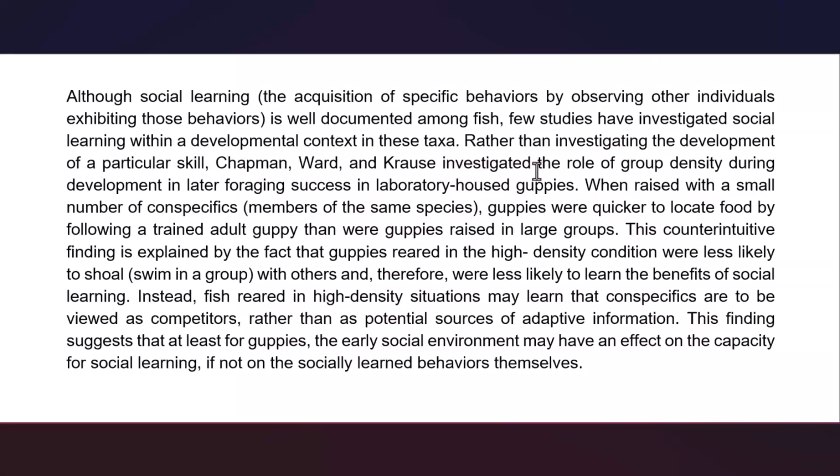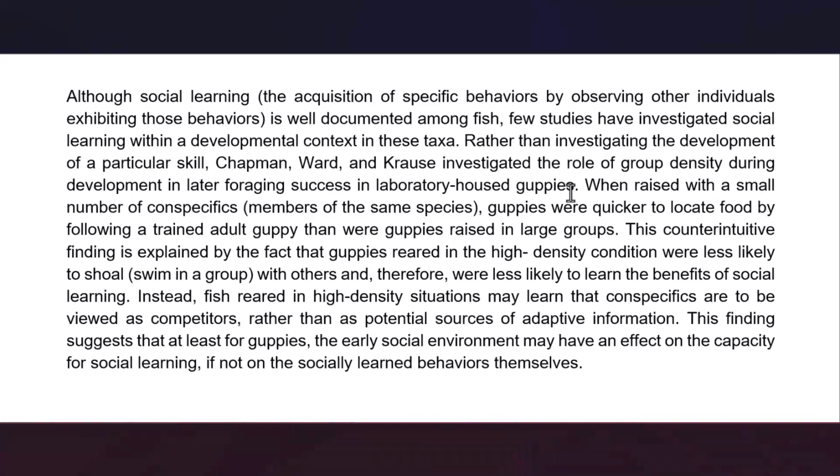Chapman, Ward, and Krause investigated the role of group density during development and later foraging success in laboratory-housed guppies. So this sentence actually solidifies our initial perception about the purpose of the passage. This is a specific study in which researchers, rather than investigating the development of a particular skill, investigated the role of group density during development and later foraging success in guppies.